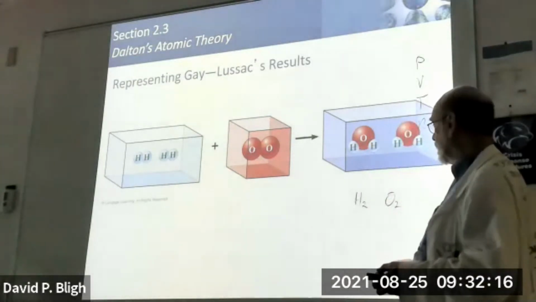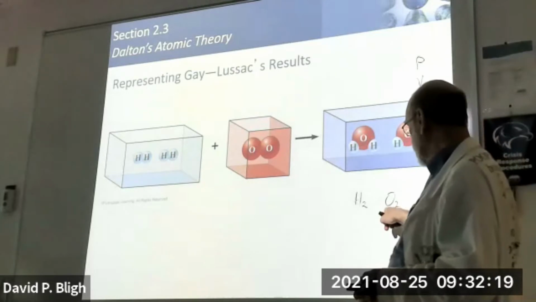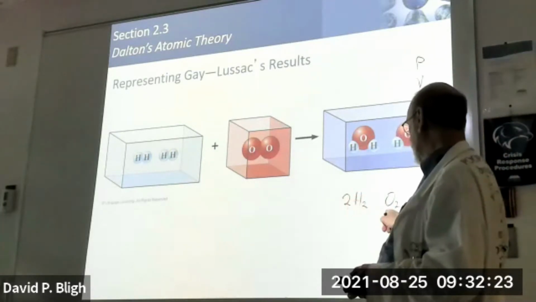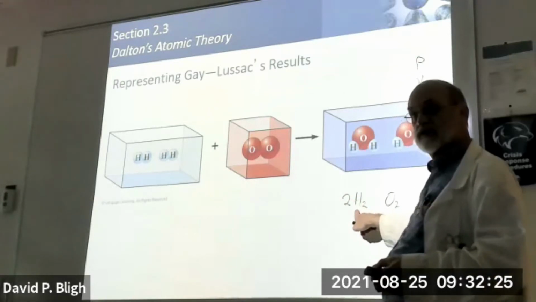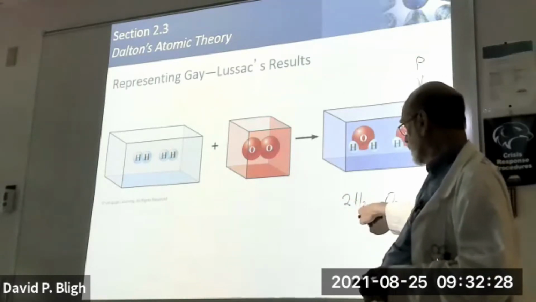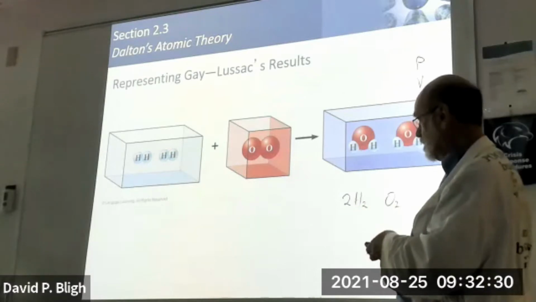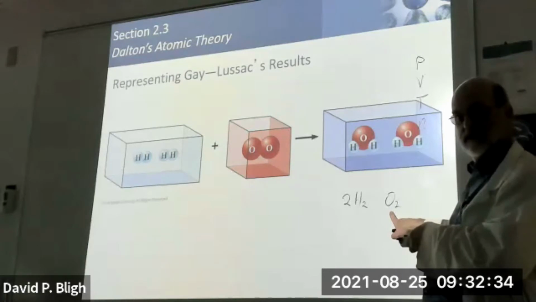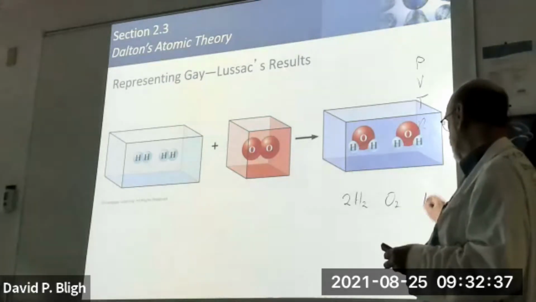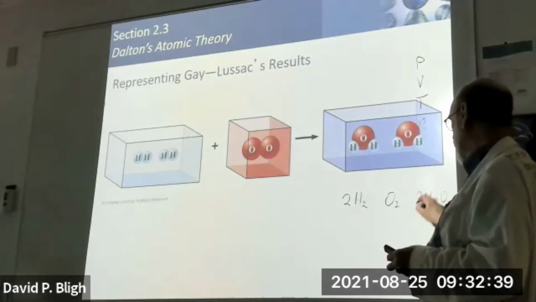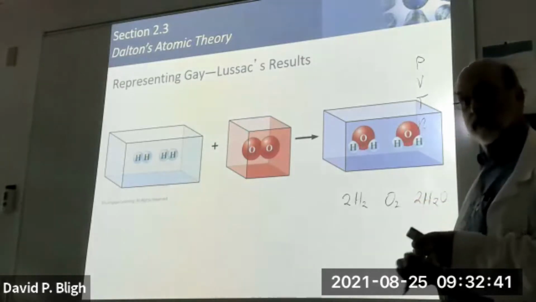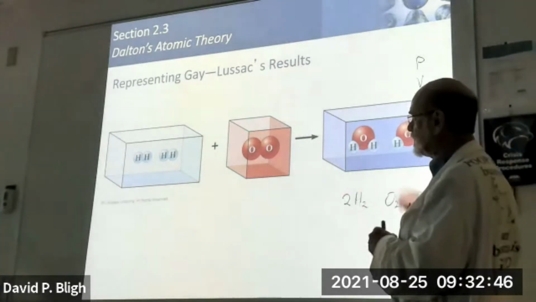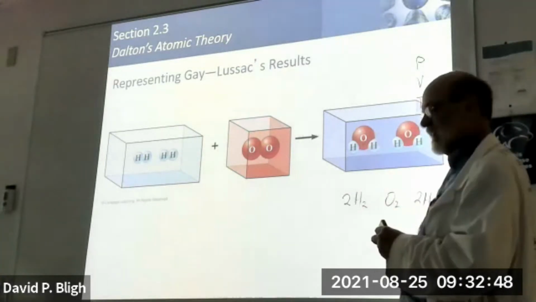Right, so when you react them, one of these oxygens takes 2 hydrogens, and the other oxygen takes the other 2 hydrogens. So 2 volumes of hydrogen are required here to react with 1 volume of oxygen. And then what do you get? Well, you actually get 2 volumes of water vapor. Okay? So this is our modern explanation for what Gay-Lussac was observing.